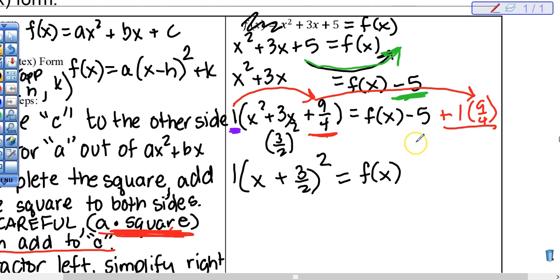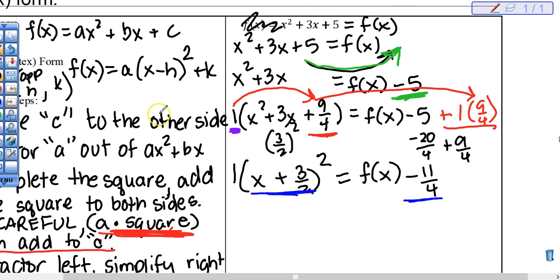So maybe real quick, I'm going to write -5 as -24 plus 9/4 so that I can actually combine those two things. You guys see why I chose -24, right? Because they need that same denominator. So I think that's -11/4, right? So what I did was I factored the left and I simplified the right.